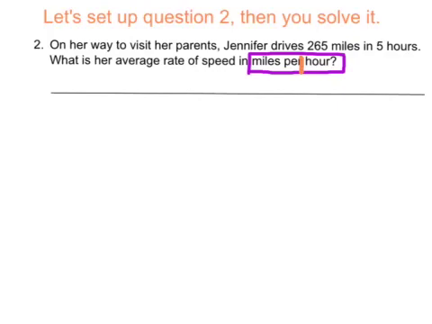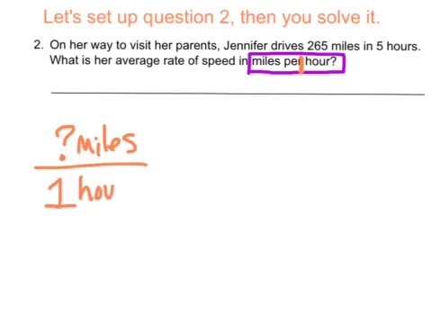Now I know how to set up my ratio. I am going to put, I don't know how many miles on top. And the unit that's supposed to be a 1 is hours. I'm going to put an equal sign, and then when I read the rest of my problem, it's going to give me my information.